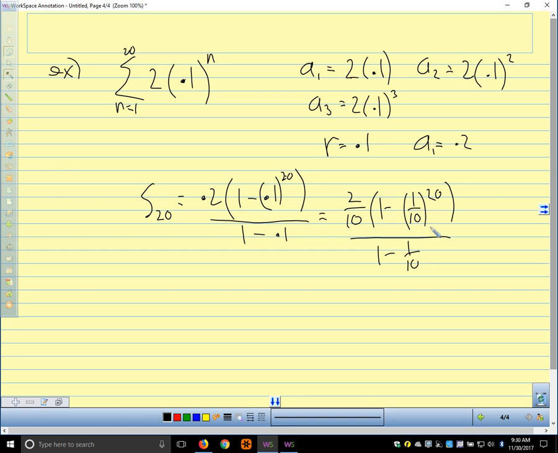They would do 10 to the 20th as a fraction, do the subtraction, find a common denominator, and you'll see the answer in your book. They would give the answer as 2/9. Well, you could calculate it out, and you should get whatever 2/9 is as a decimal. All right, so that's a sum of 20 terms, the 20th partial sum, something like that.